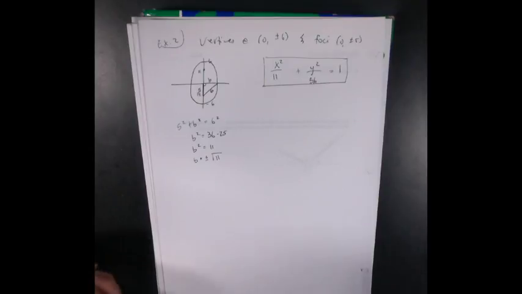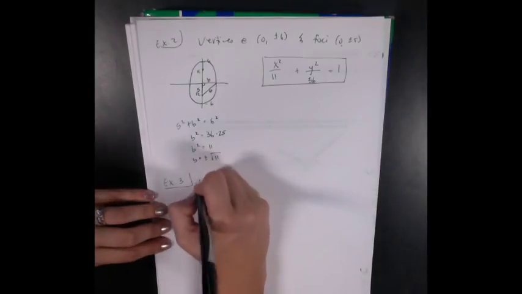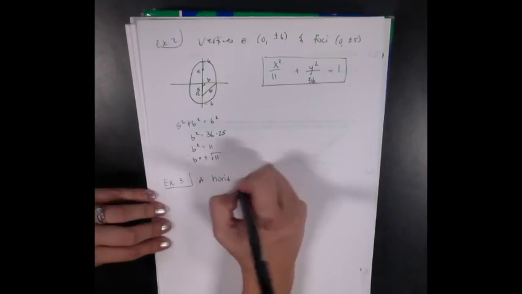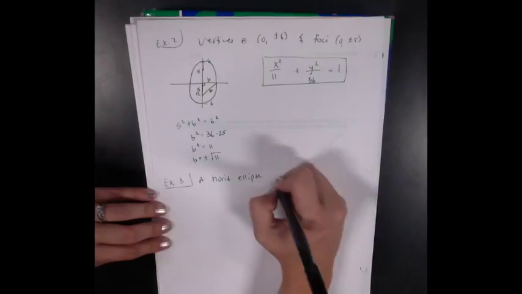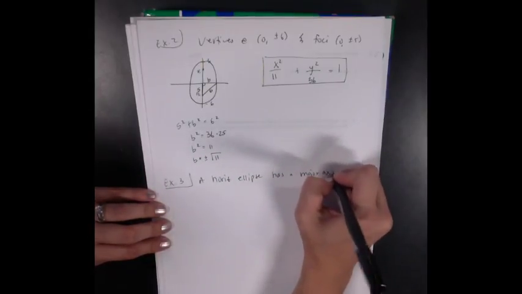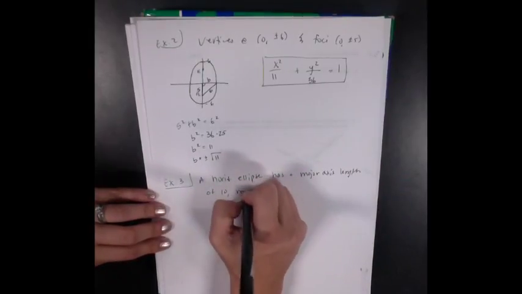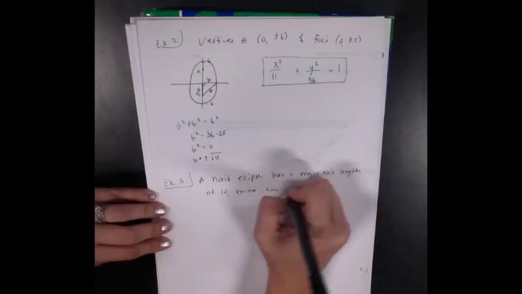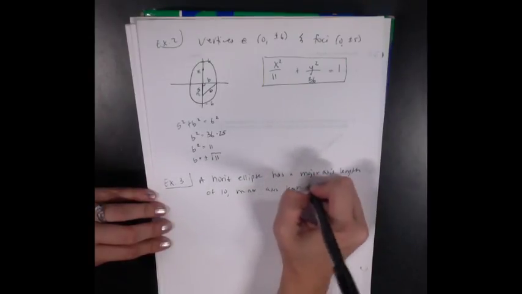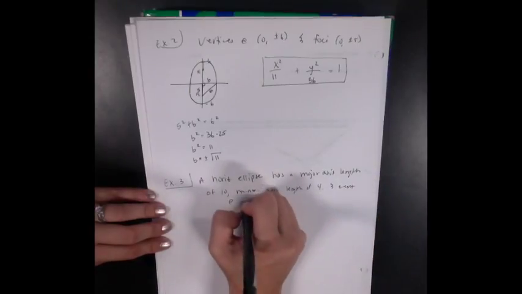Okay. Let's do another example, a little bit harder. A horizontal ellipse, nice they tell us that, has a major axis length of 10, minor axis length of 4, and center at the origin.